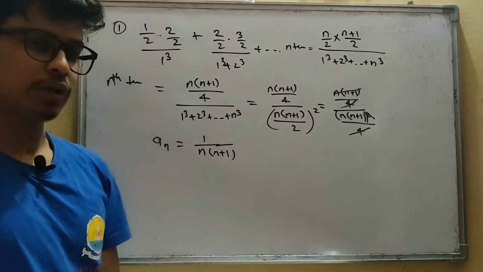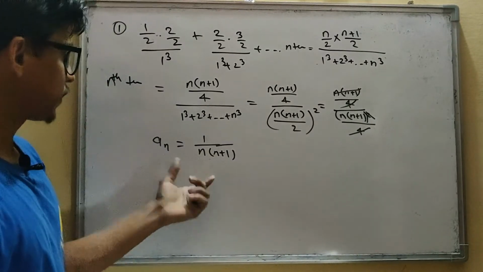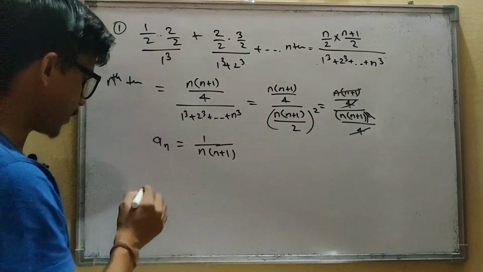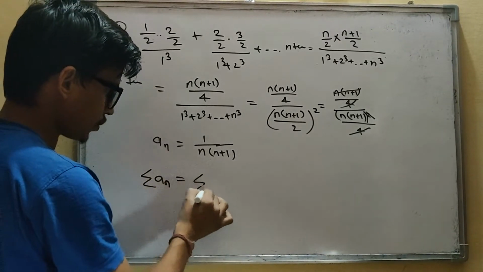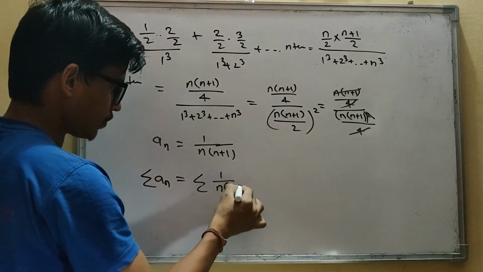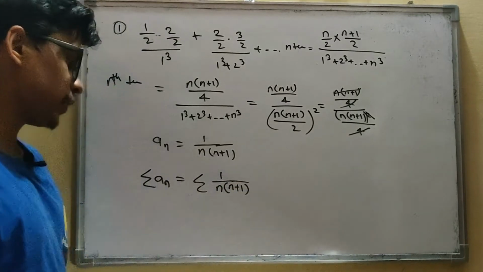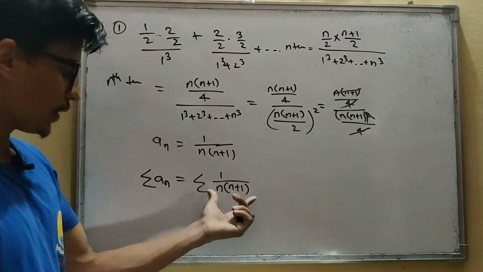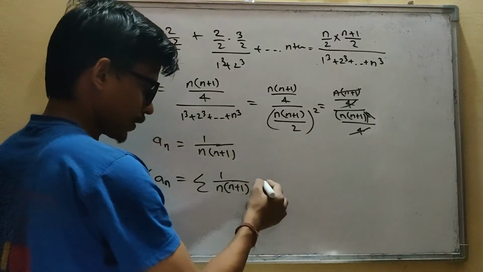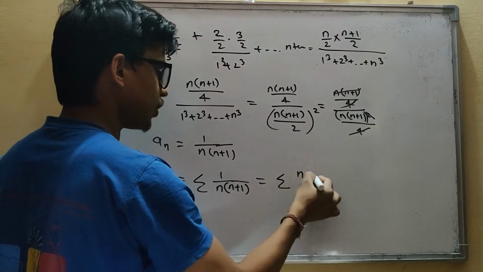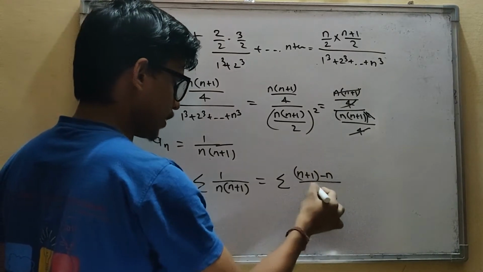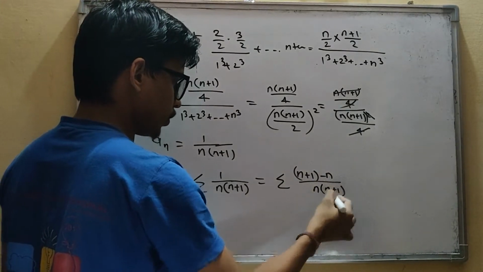So you know that, right? The sum of the first n terms in any series is given by the summation of the nth term, right? So this can be written as the summation of 1 upon n into n plus 1. I already told you that you have to split it like this: summation of n plus 1 minus n over n into n plus 1, right?